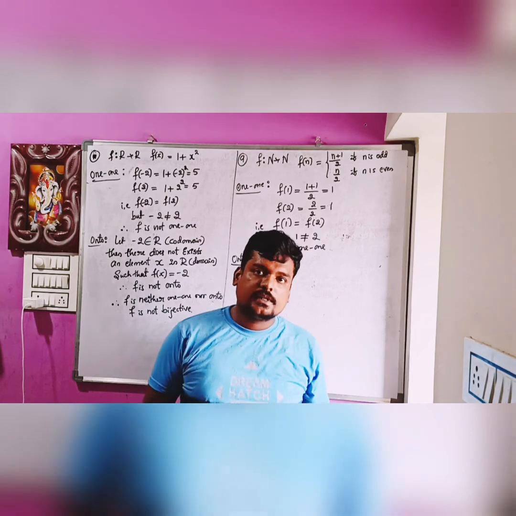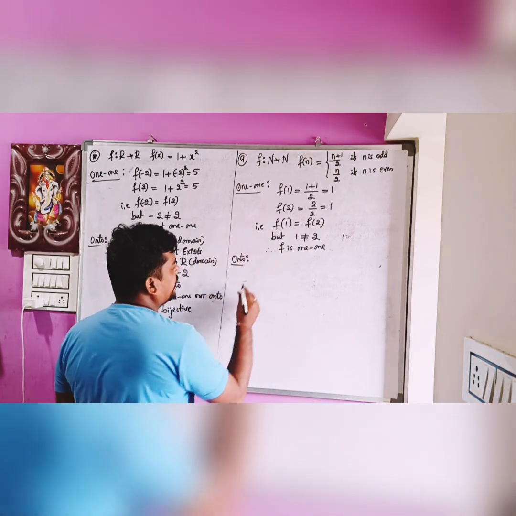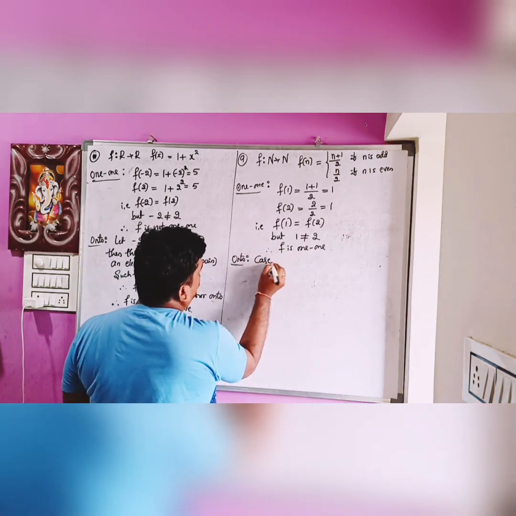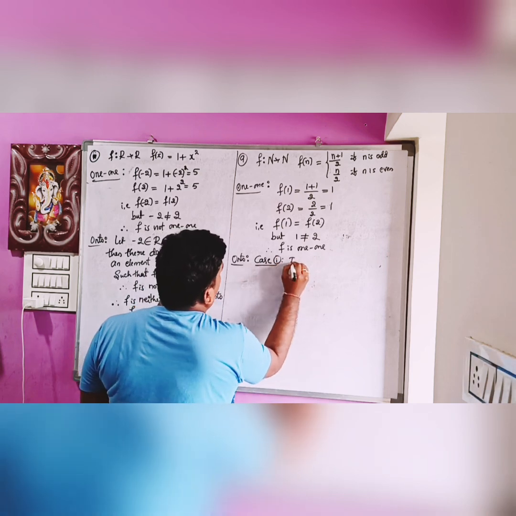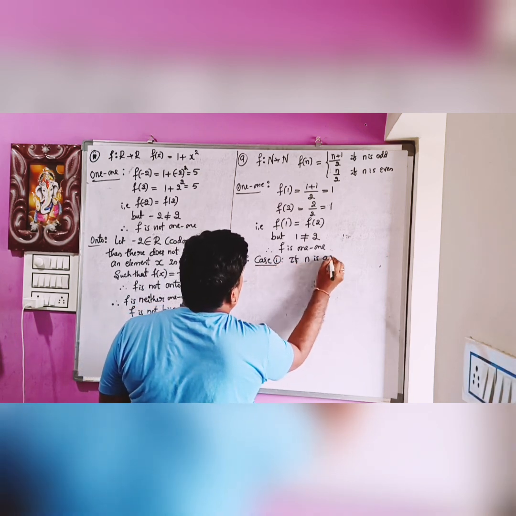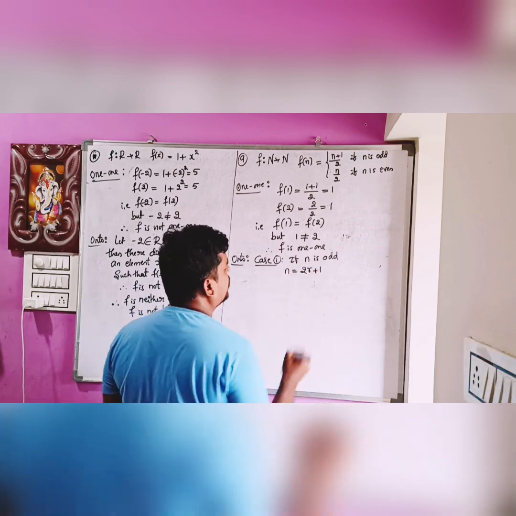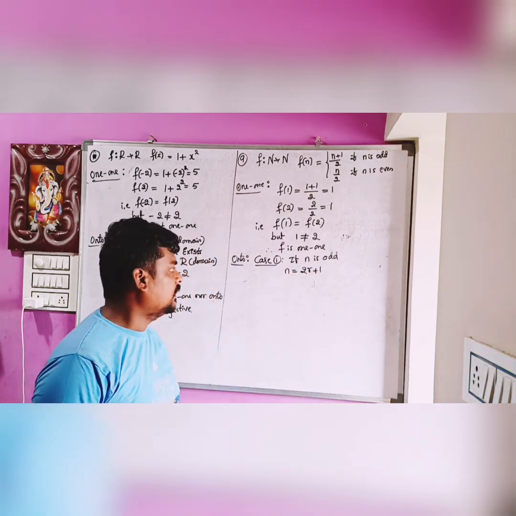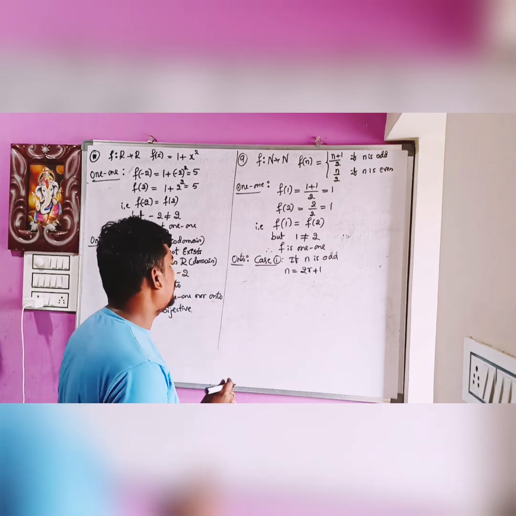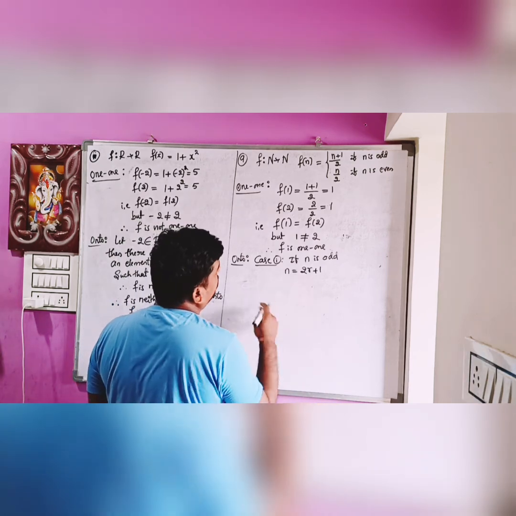Now onto functions, we discuss two different cases. Case 1: if n is odd. Odd numbers can be represented as 2r plus 1. If I take n equal to 2r plus 1, then what happens?